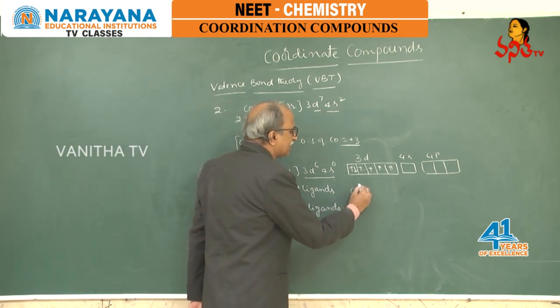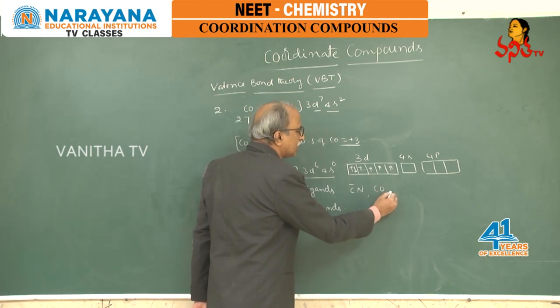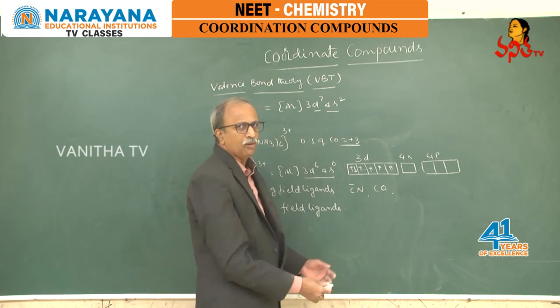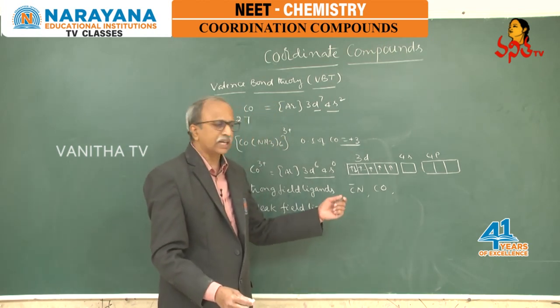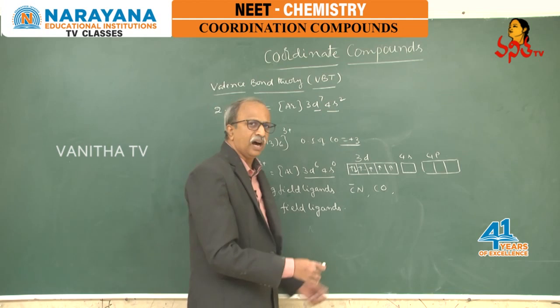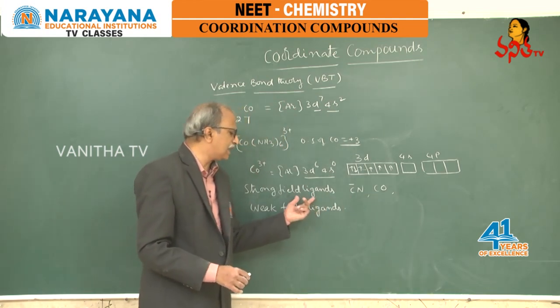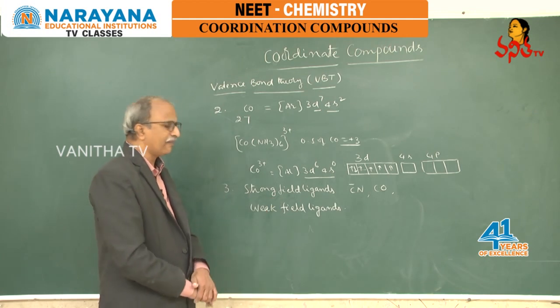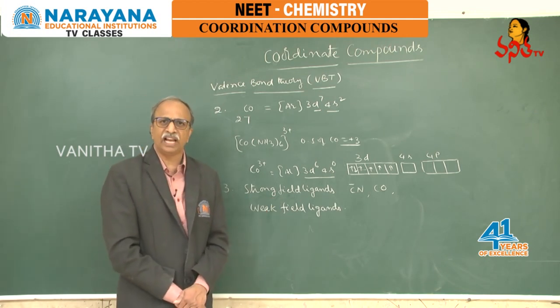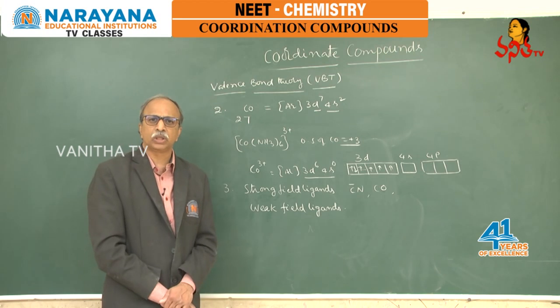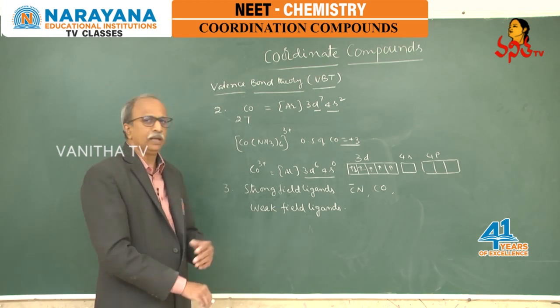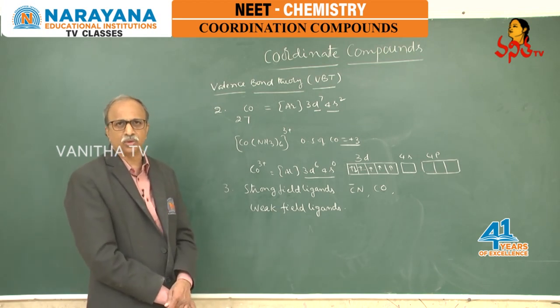For example, CN minus, CO, that means carbon monoxide, or any organic ones, affect very much. These are called strong field ligands. Whereas some other ligands cannot influence the metal atom or ion so effectively.